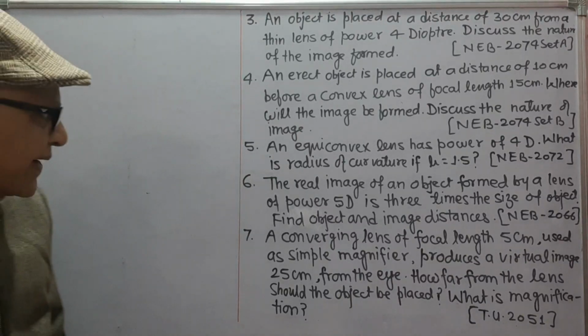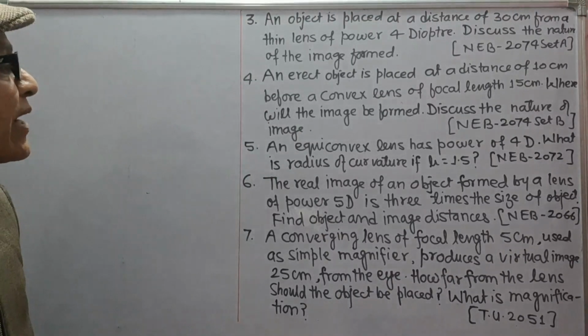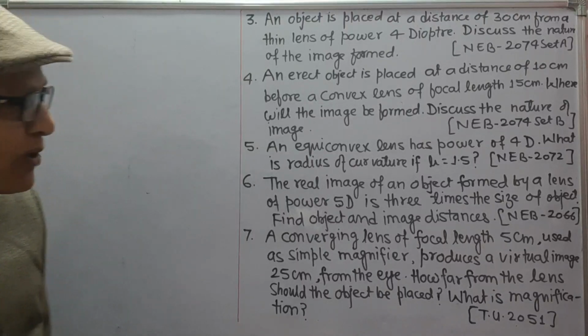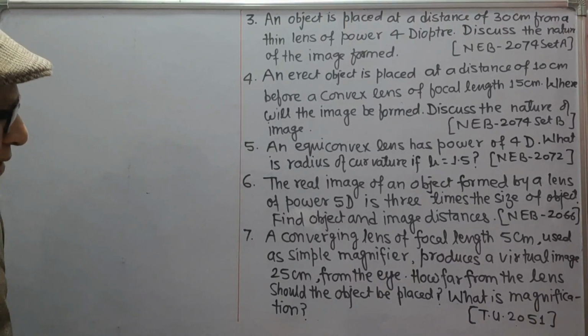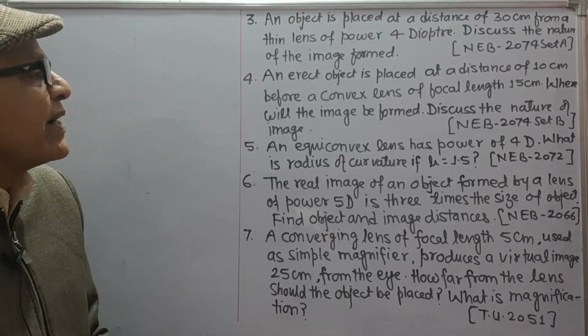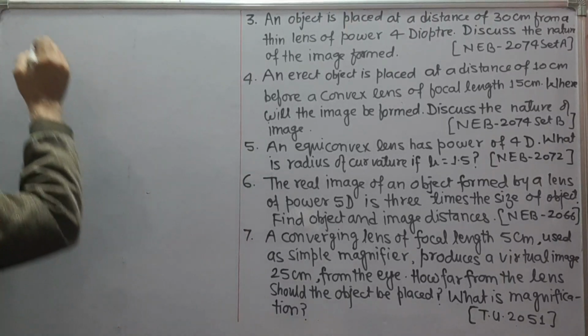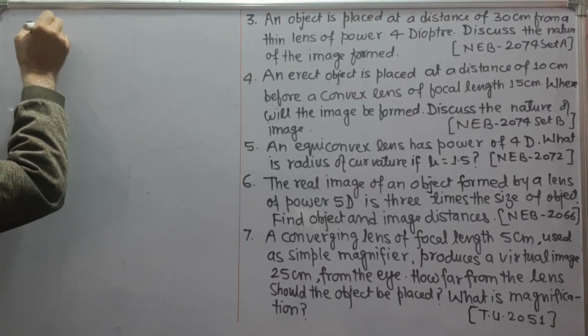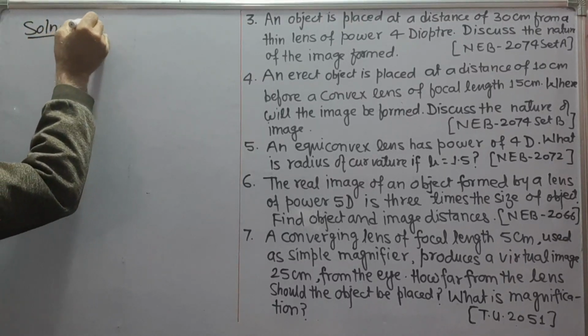Next, question number 5. An equiconvex lens has power 4 diopter. What is radius of curvature if mu is equal to 1.5? Solution to question 5.